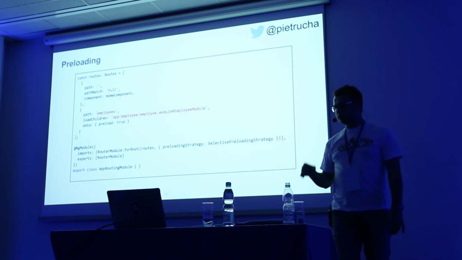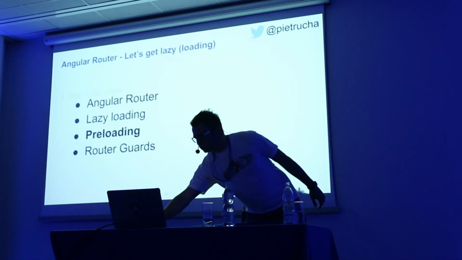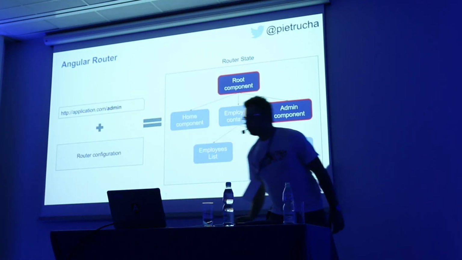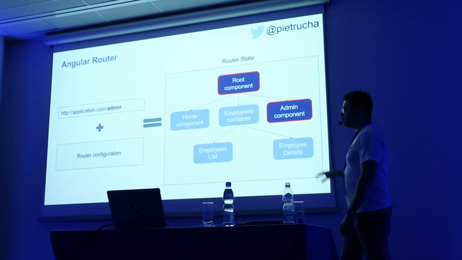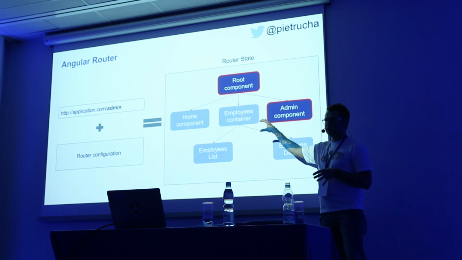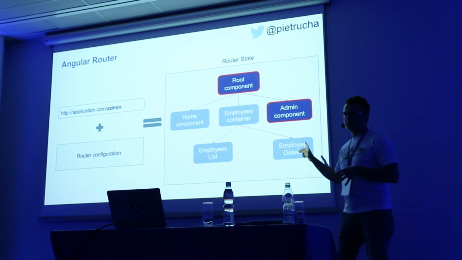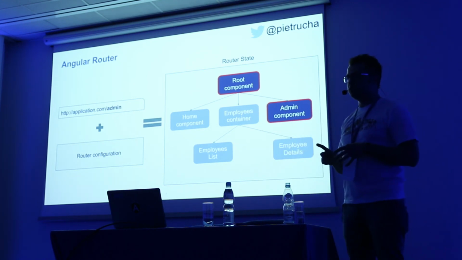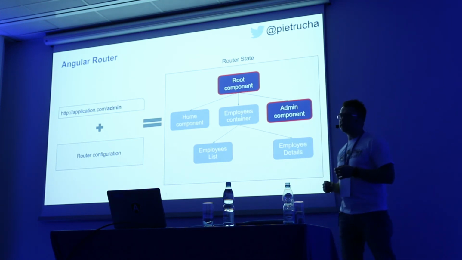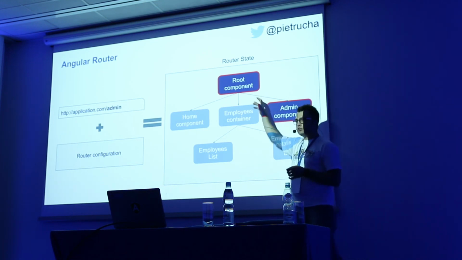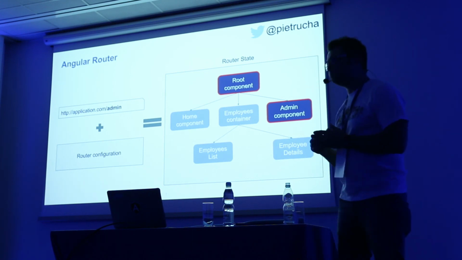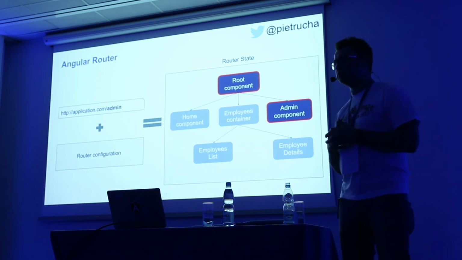Remember this image at the very beginning, where we had what I call the router state. All the time in your application, you have access to the whole structure and the activated route. So probably this is what you are looking for. You can inject the activated route or the router to get the current router state, and then you can walk through this reference, going directly from the employee details to the root component. Okay.